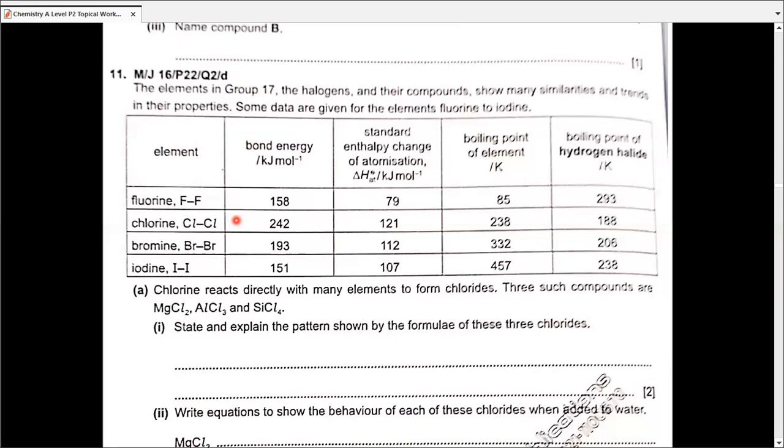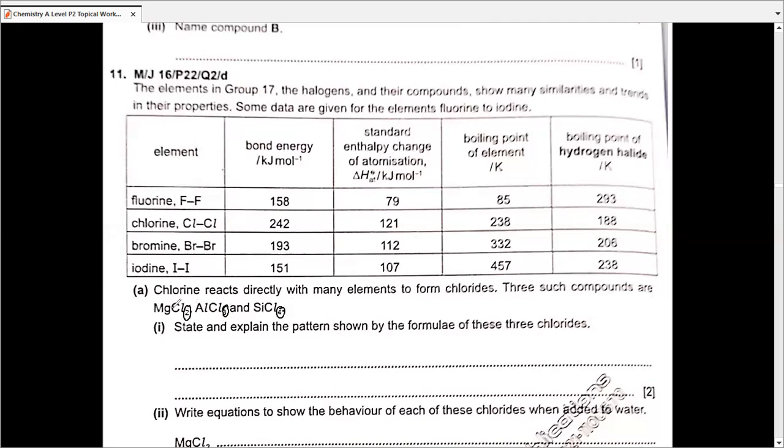You're right, but that will not be enough. Actually, your point can get you 1 mark, but you are supposed to tell them that in these formulas, since they're reacting with chlorine and they're all forming chlorides, the number of chlorine atoms per formula is different. For example, for MgCl2 it's 2, for AlCl3 it's 3, and for SiCl4 it's 4.